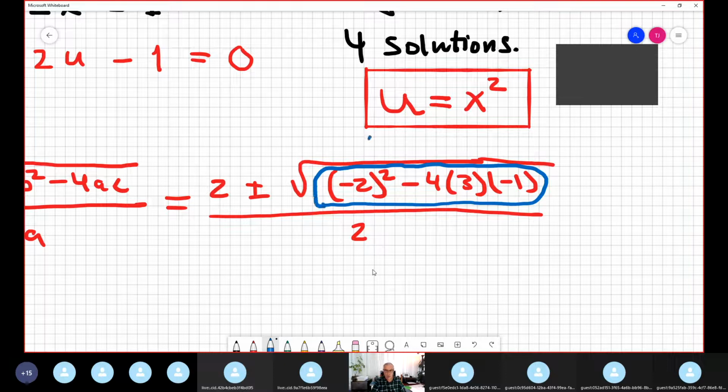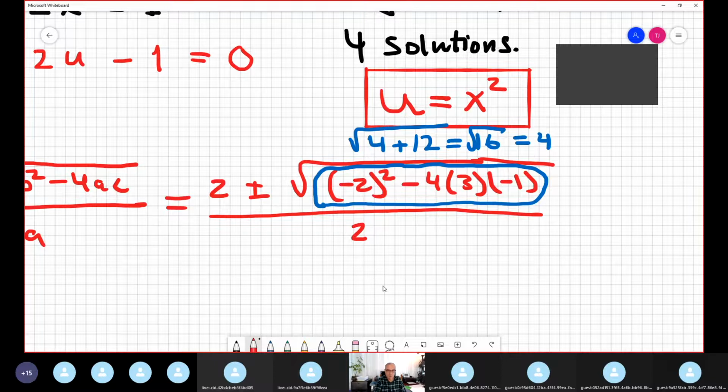Negative 2 squared is 4. Be careful with the sign, double negative, plus 12, no? Because 4 times 3 is 12, times 1 but negative, positive, it's 16. And when you apply the square root, it's 4.